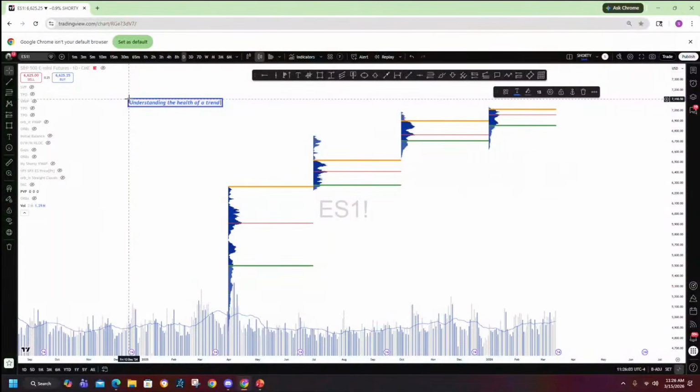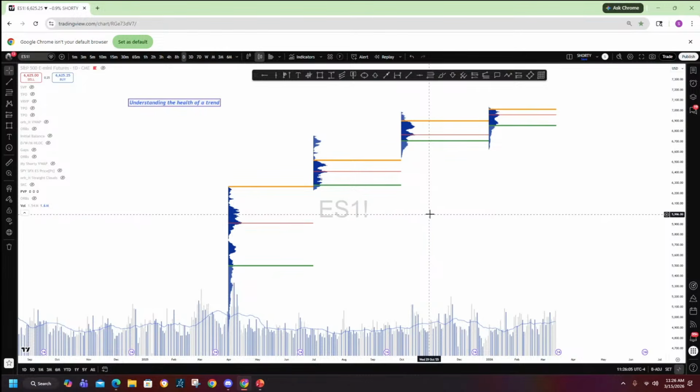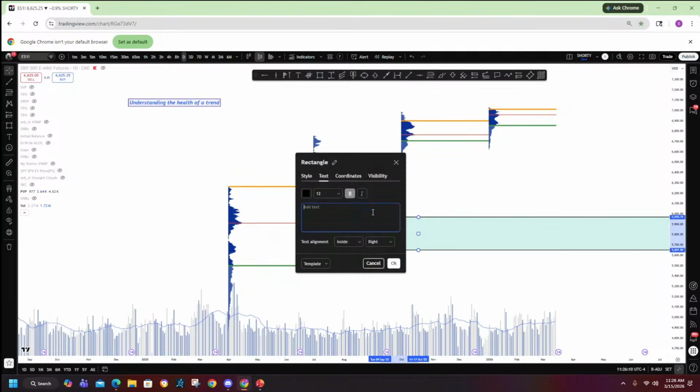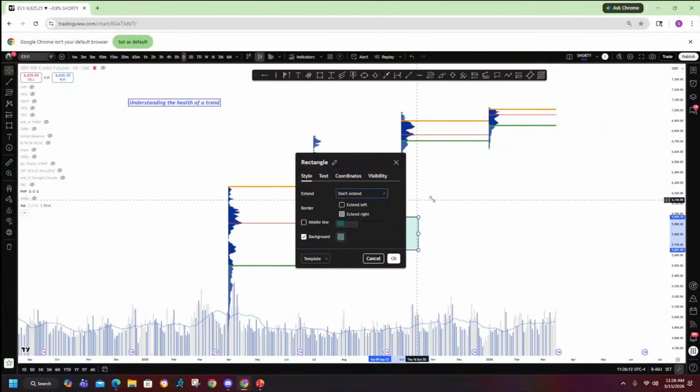Maybe the shift on the volume profile is slowing down and starts stacking. You want to see exactly when it's a healthy trend. We'll just make this non-extended so you guys can cover the basics.